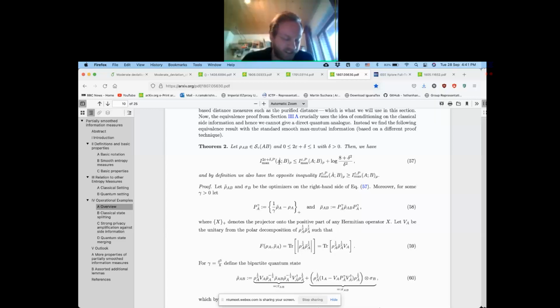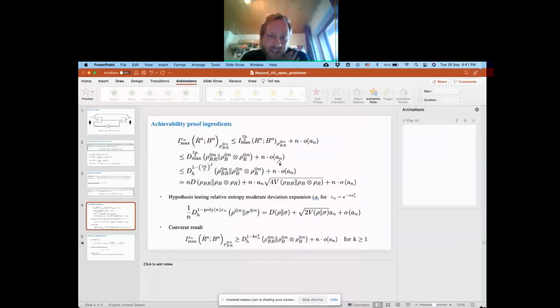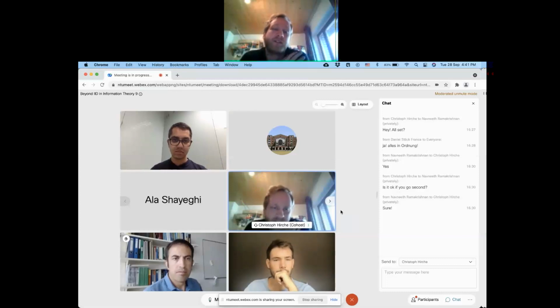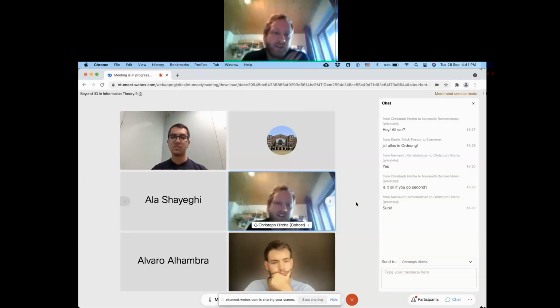We can check for a second if there are any questions coming up. But can I ask you, I was wondering, generally you always use these partially smooth quantities, and then you bound them by more or less the same quantity in the non-smooth regime, right? Is there also some way to approach these proofs by just continuing with something that's partially smooth and not losing out by going back to a fully smooth quantity?